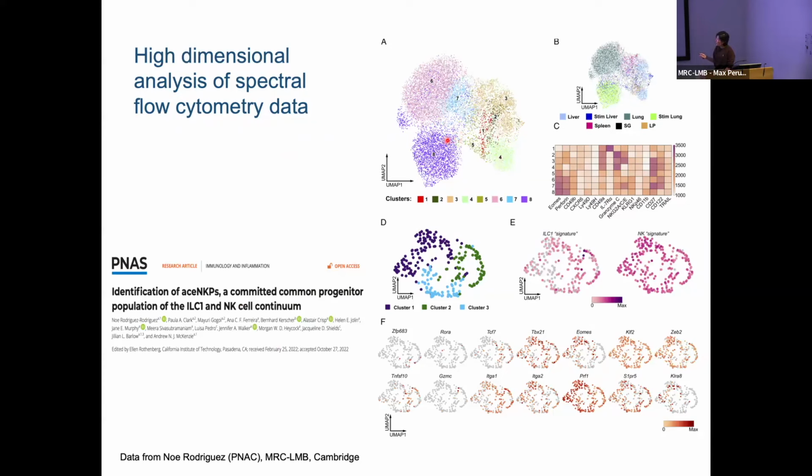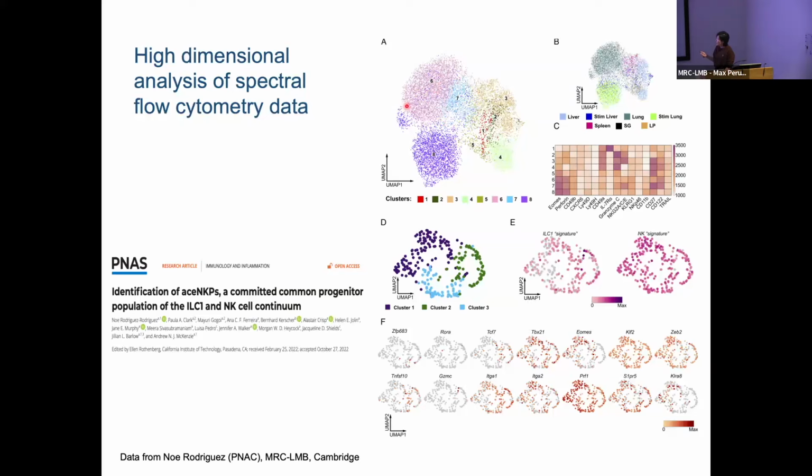If you are into computational biology, you're probably familiar with all these algorithms, UMAP or tSNE, SPADE. Basically, these clusters are showing the cell populations having the same phenotype. From the cluster, you can get further to analyze what markers are actually expressed in those clusters.